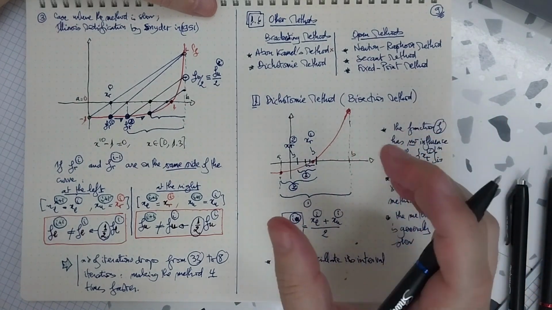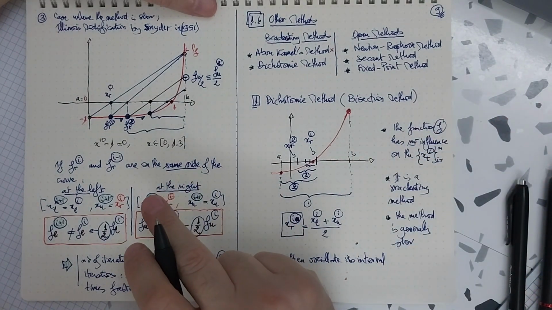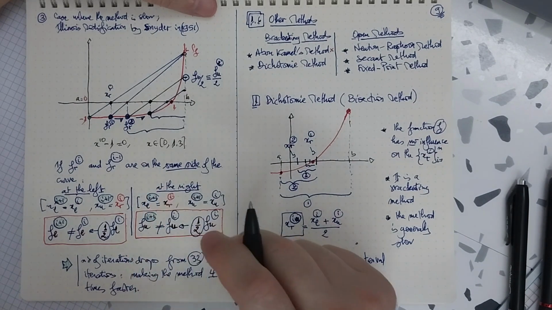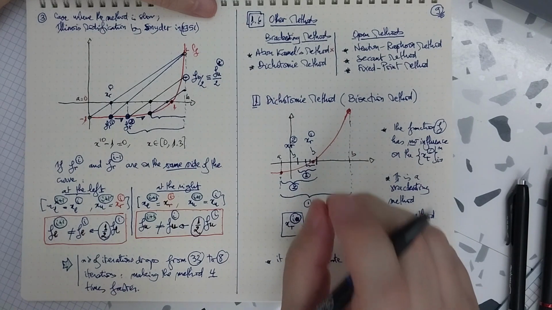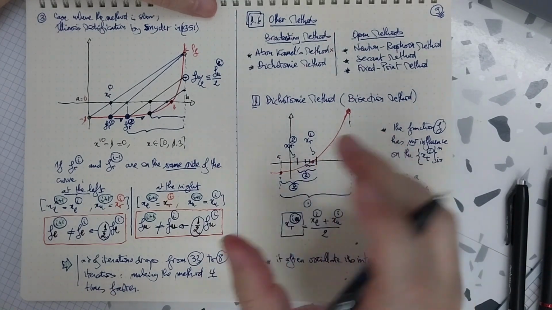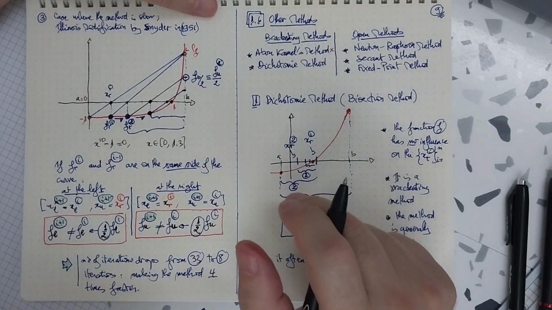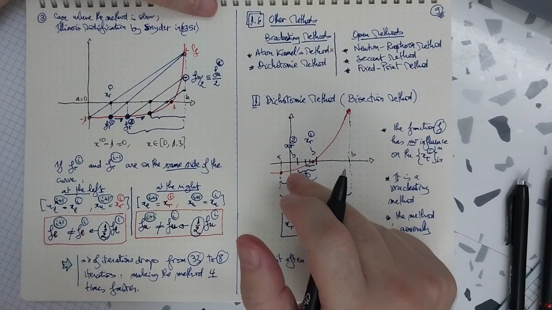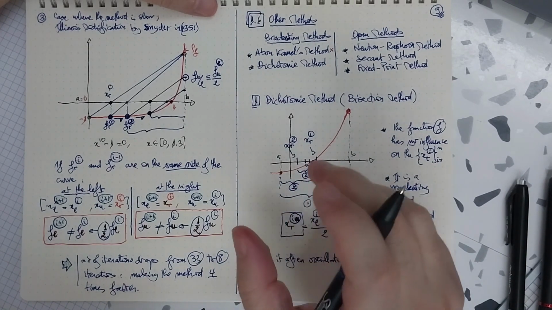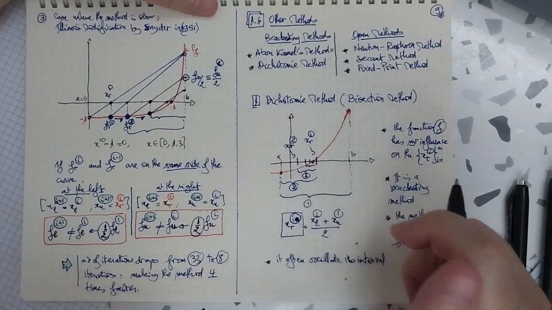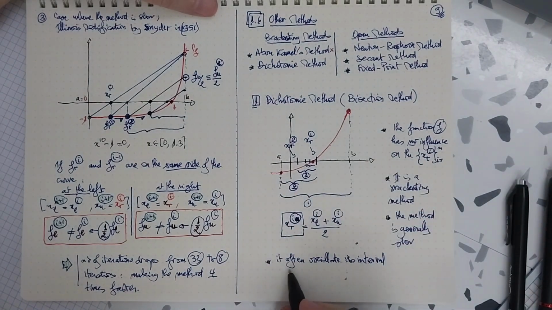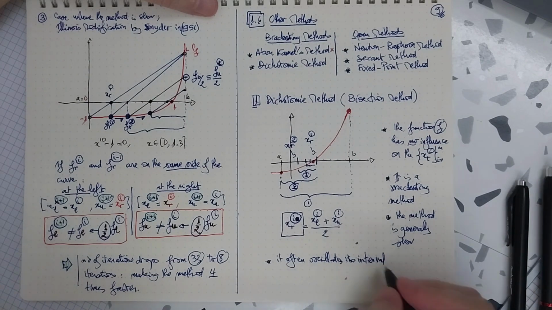There are special cases, as we have seen in the edge case section, when the root is an inflection point. But even in that case, there are cases where there is no oscillation. So it is really seldom that it oscillates. In the dichotomy method, however, it often oscillates its interval.